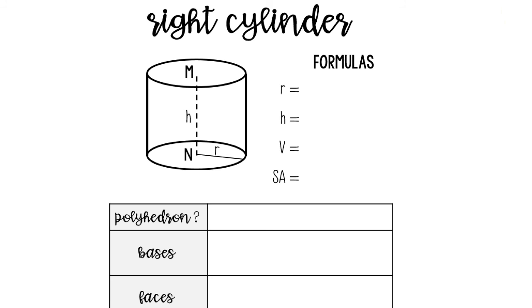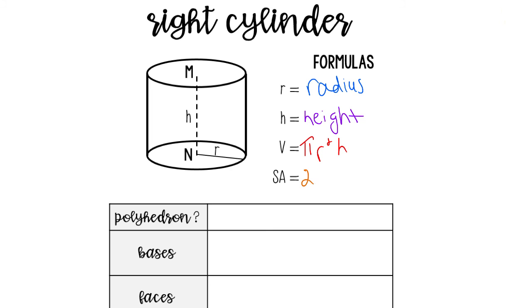Formulas we need to know. r, again, is radius. h is height. V, the volume, is pi r squared h.